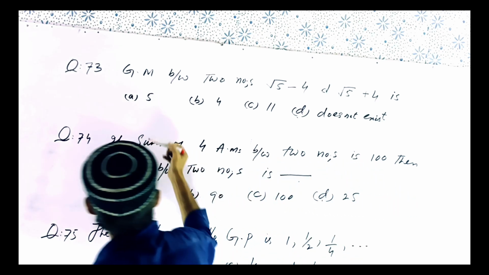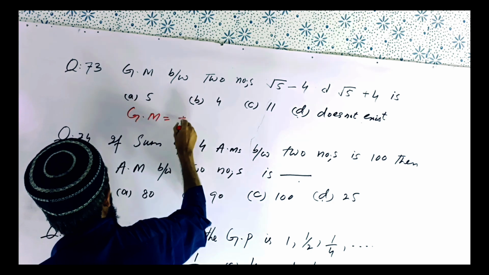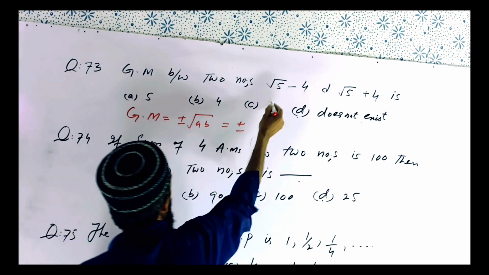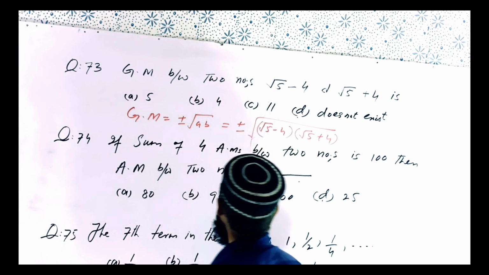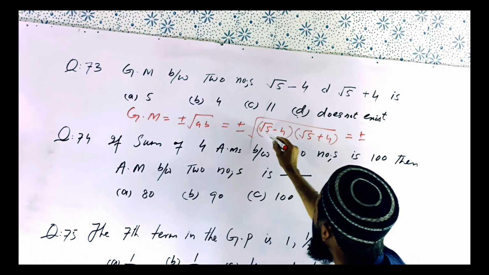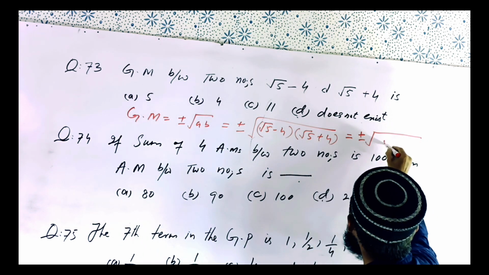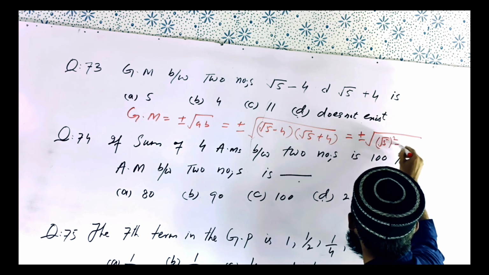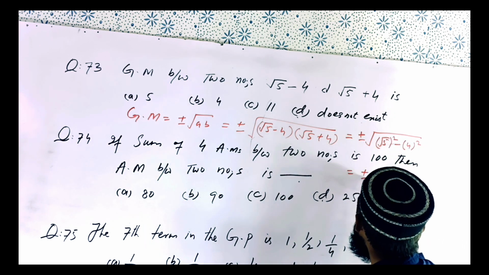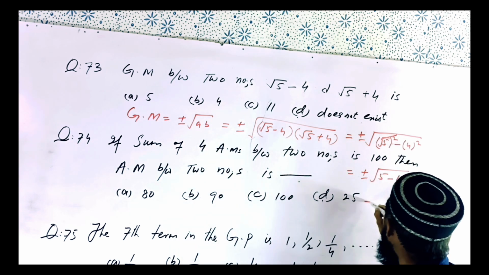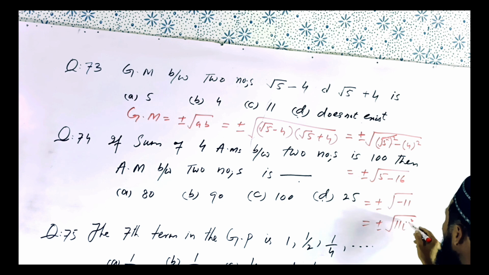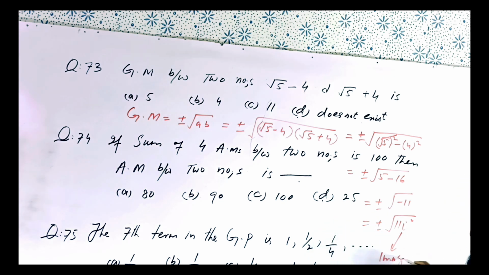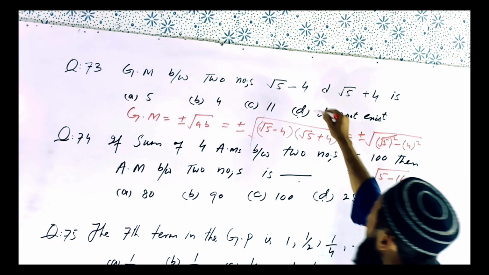If we apply the geometric mean, we know that the geometric mean is plus minus root of ab, and here it is plus minus root of (root 5 minus 4)(root 5 plus 4). Applying the formula (a minus b)(a plus b), we get (root 5) squared minus 4 squared, which is 5 minus 16, so plus minus root of minus 11, that is plus minus 11 iota squared. So the geometric mean has an imaginary part, and the imaginary part does not exist in this case. The answer D is the correct option.